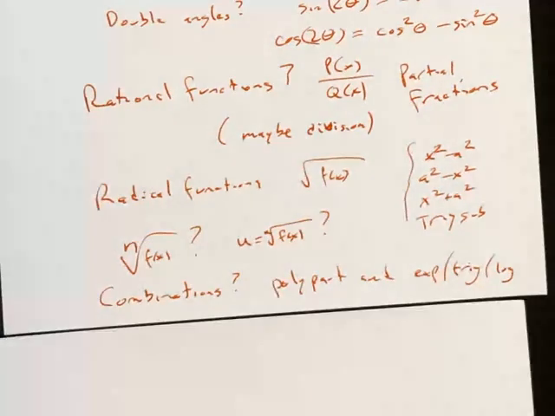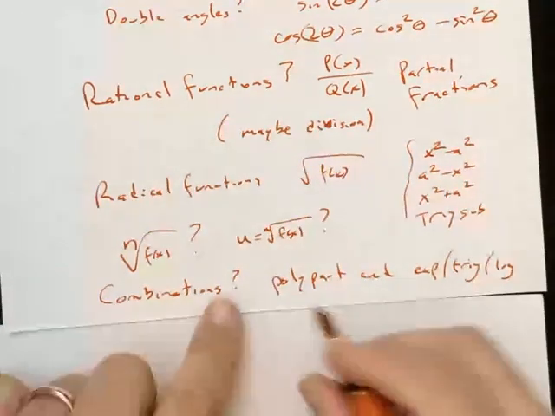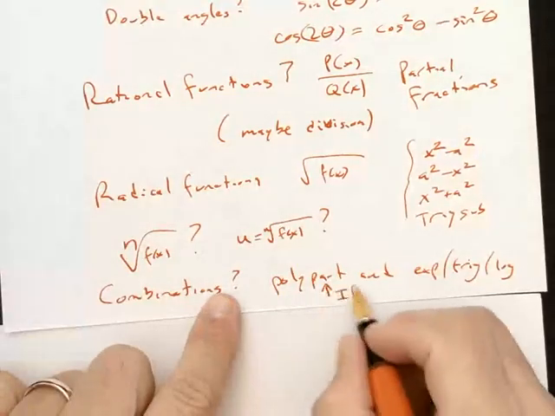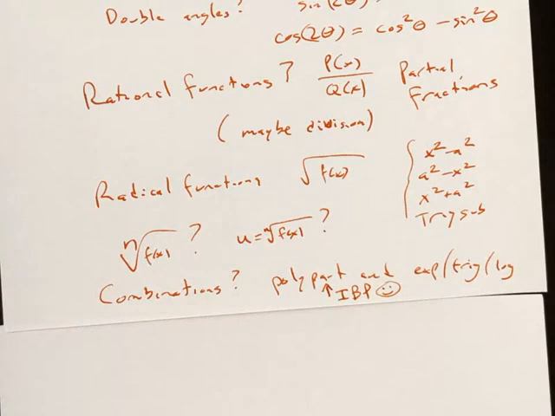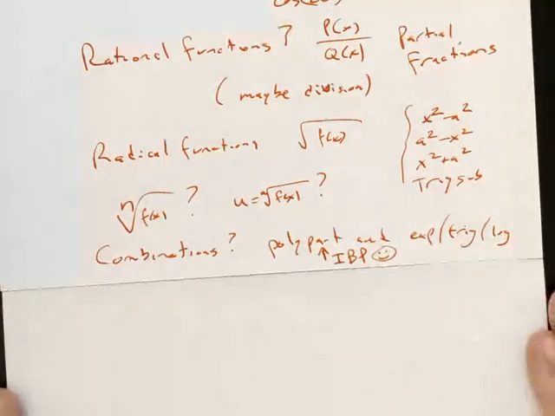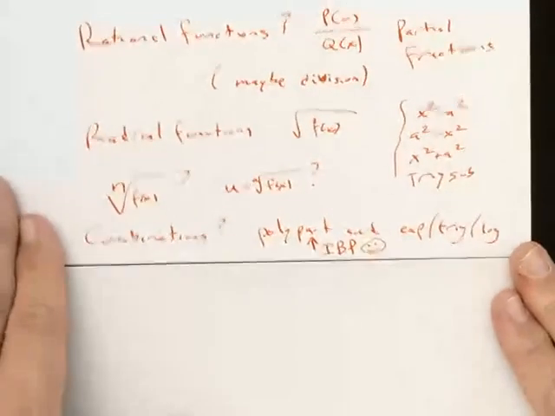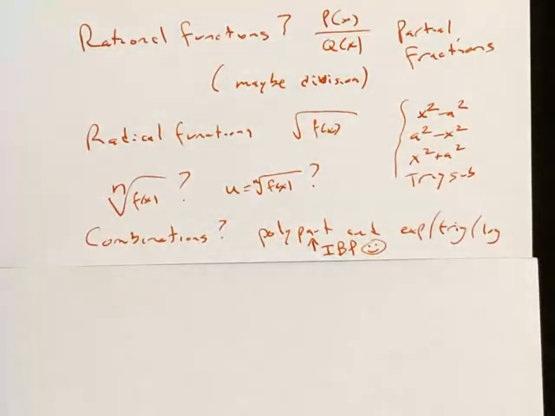I'm pretty sure I'm going to end up doing integration by parts here. Now here's where the rest of that cartoon comes into play. Because I could do one of these. I could do more than one of these, and I could be still stuck.